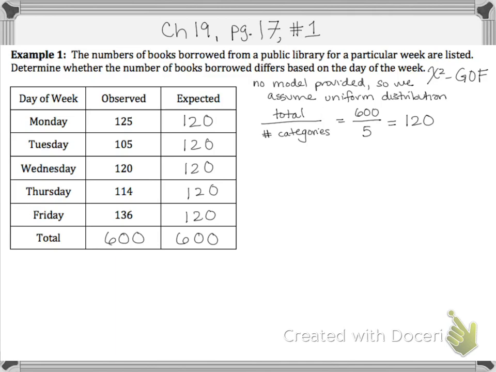Okay, so now the question is, determine whether the number of books borrowed differs based on the day of the week. So in order to do this, we want to write out our null and alternative hypotheses. And if you recall, these hypotheses are actually in words. So what we're going to do here is talk about whether or not the particular variable we're studying does follow the given model or does not follow the given model.